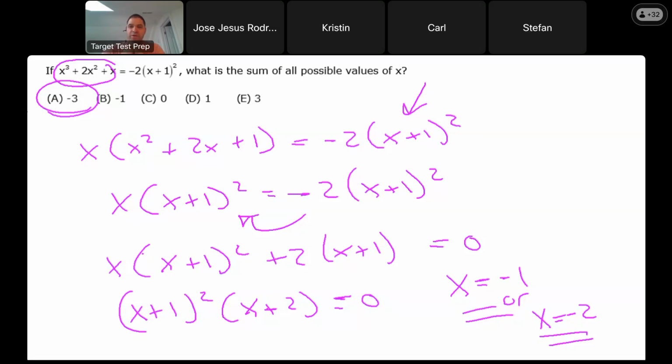Any other questions just in general about your studying, TTP, anything like that? Any questions at all? The hardest quadratic, I mean, there's a ton of them.